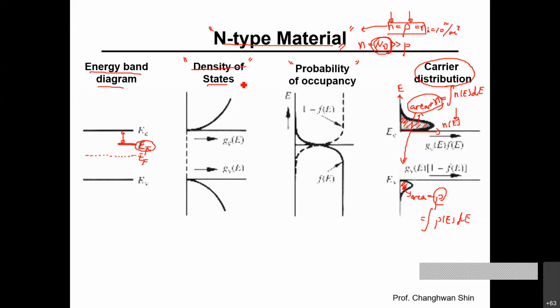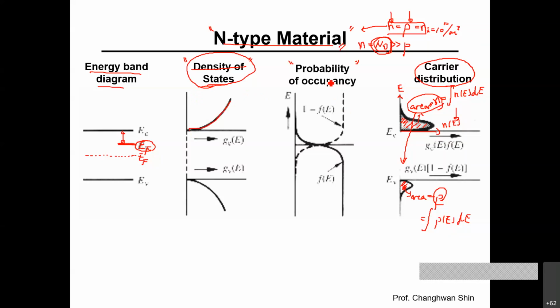So in terms of density of states for the baseball stadium or for N-type silicon material, the density of states itself might not be modified at all because of the dopant atoms. So here, I'm going to use the identical density of states for pure silicon material.